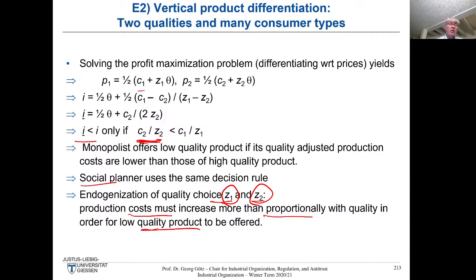This is in a sense an expansion of this condition here, because it leads to the fact that the quality adjusted costs of the low quality are then still lower than for the high quality, if the production costs increase more than proportionally.